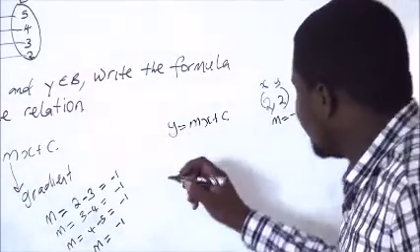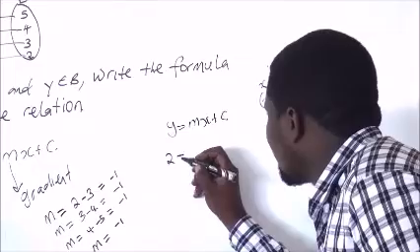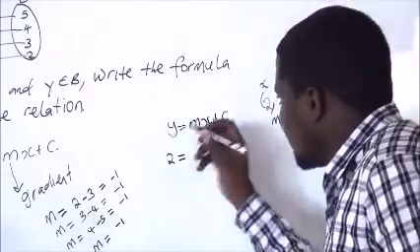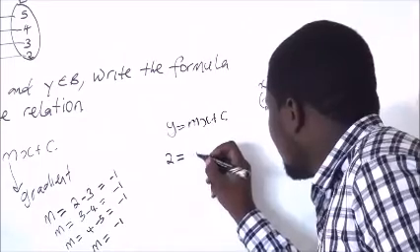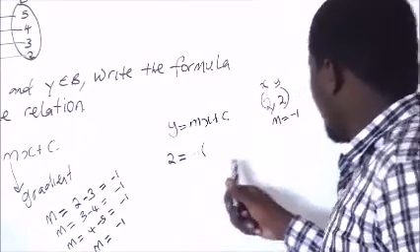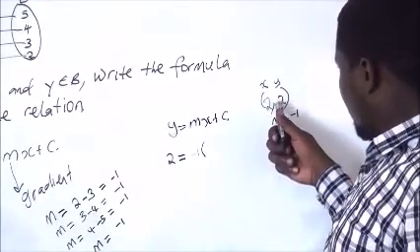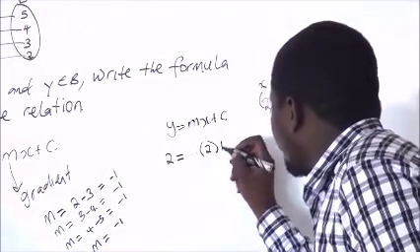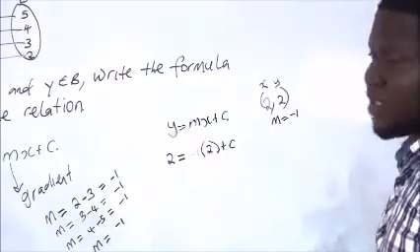So y, which is 2, is equal to my M that I found, -1, open bracket, the x I found, 2, plus c. Remember, I have to make c the subject.